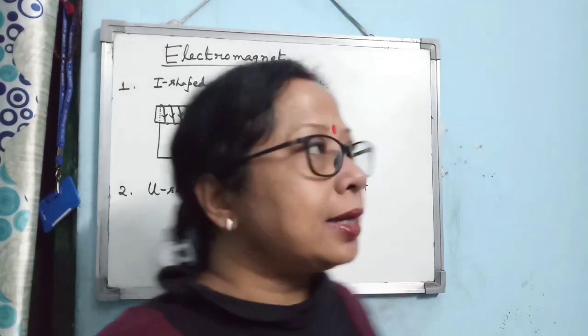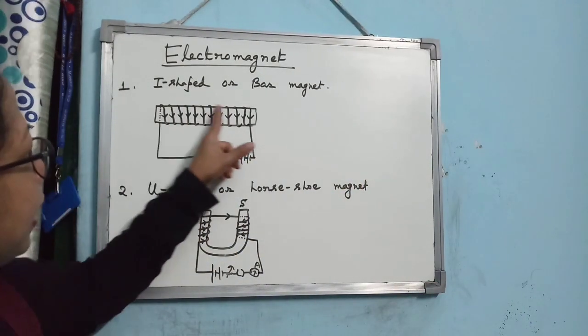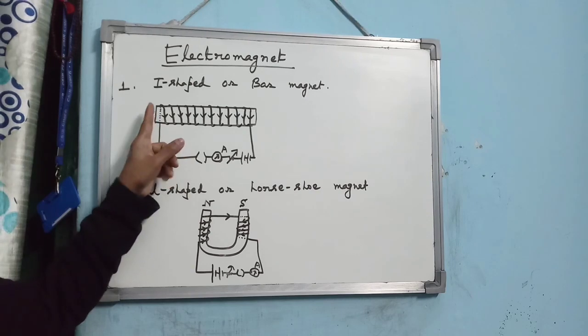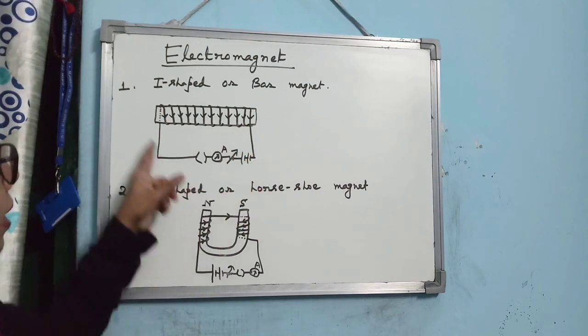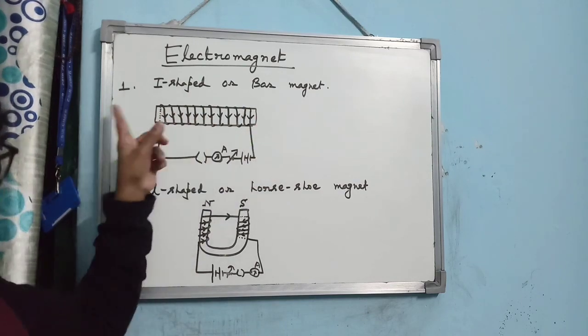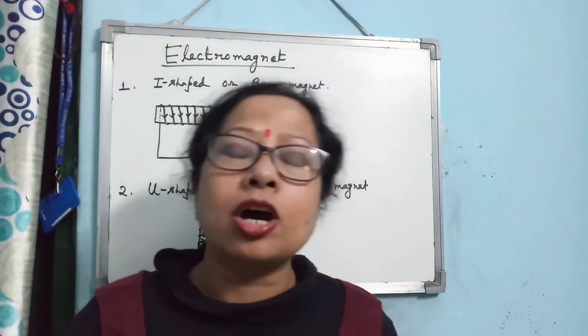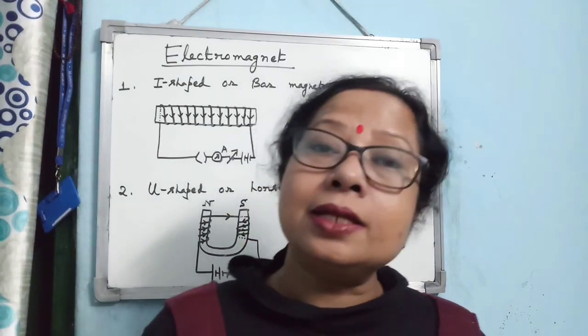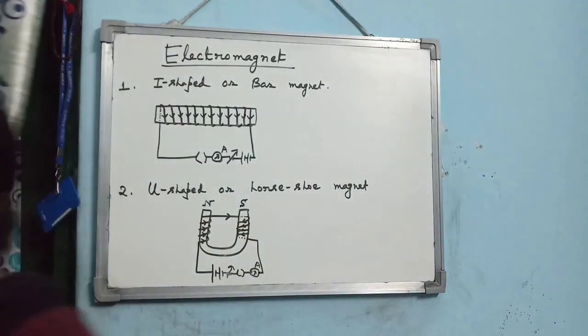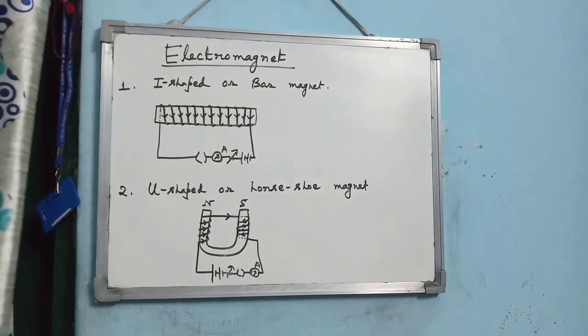Take a soft iron bar, wind the coil over it and send current through it. Then the soft iron bar will be converted into a magnet, which is known as an electromagnet.